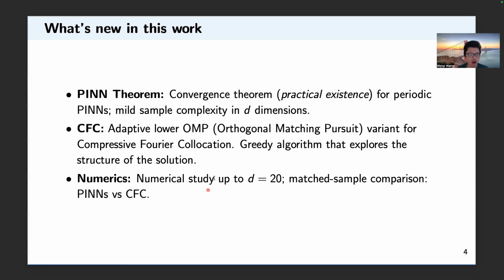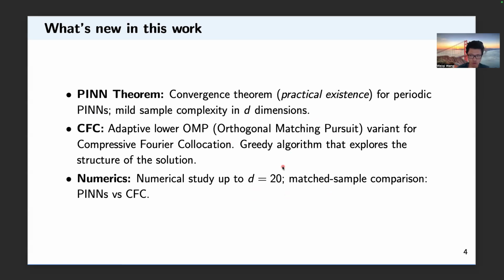And then we develop an adaptive greedy method for compressive Fourier collocation. It grows the Fourier set on the fly, looking only at the edge of the current set, then grows the set accordingly. This saves memory and computational cost. And we did some numerical experiments up to D equals 20, and we made some comparison between PINNs and compressive Fourier collocation.